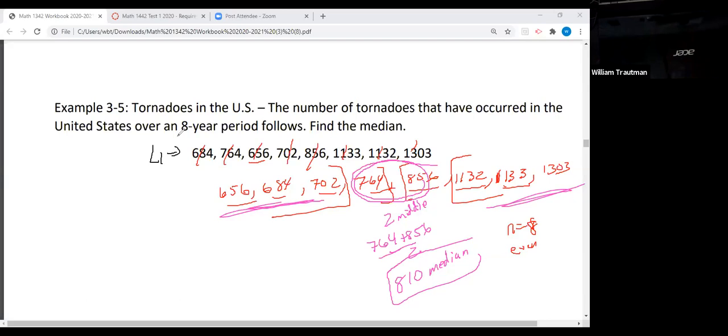Stat, number 1, and I'm going to clear it. 656, 684, 702, 764, 856. I'm putting them in order, but you don't have to. 1303. Okay, so I put my data in there.